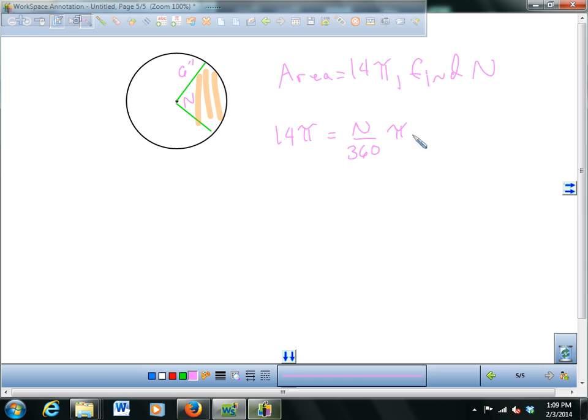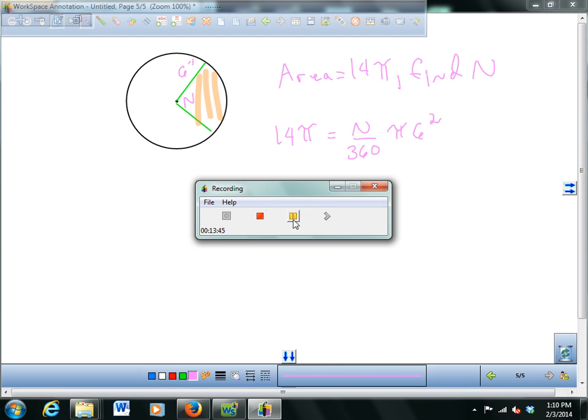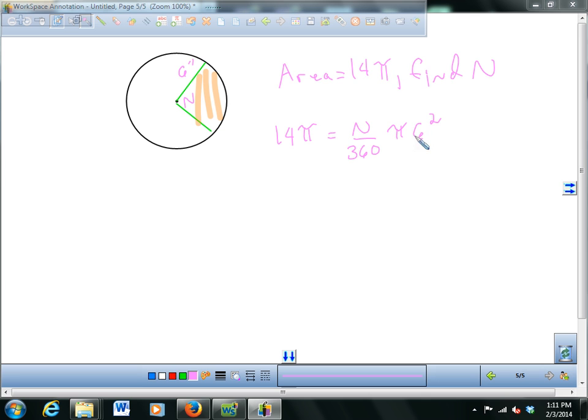It's really important here that you set up an equation. Then you have the pi's. 6 squared is 36. And what's nice about this one, a lot of times things will disappear, just like with those arc length problems.